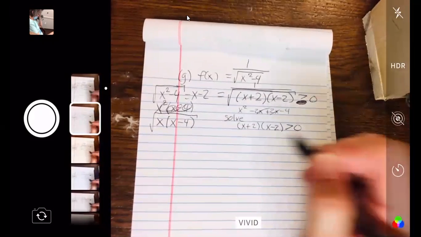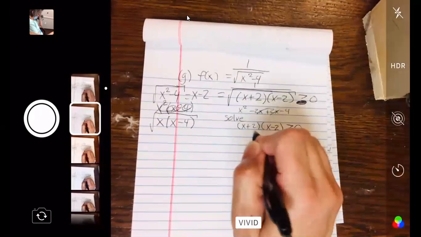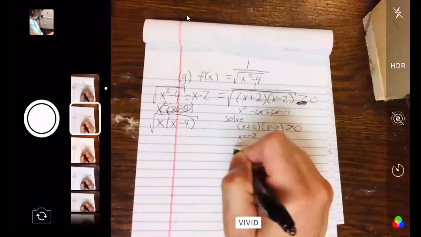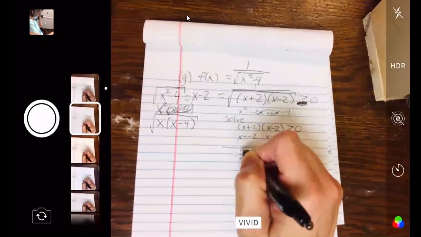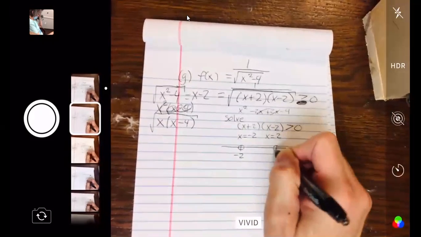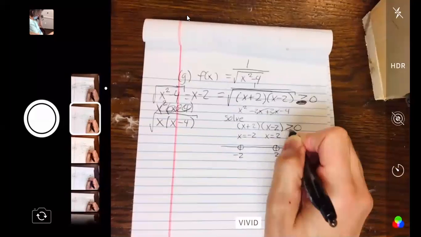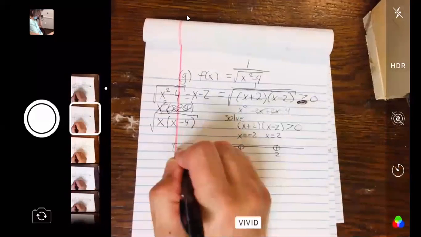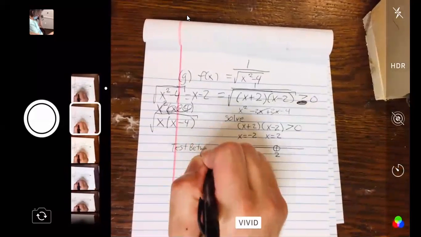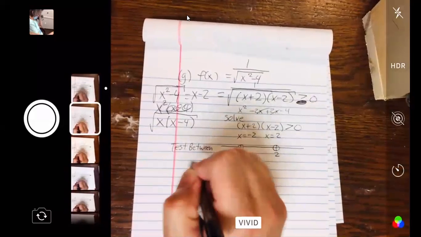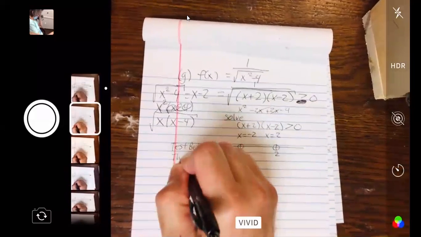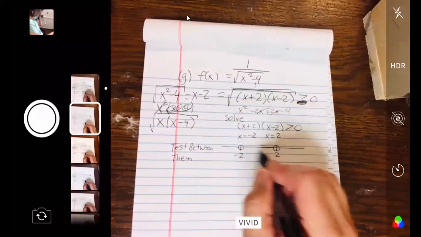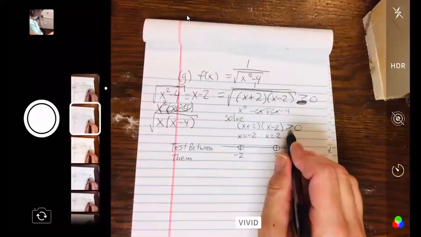All right, so that means we're going to have to write down our -2 and our +2. I'll put them on a number line with open circles because they don't work. There's no or equal to. And we've got to test between them. This one's probably the hardest one on the whole page. You've got to test between these to figure out which interval gives you a strict positive.